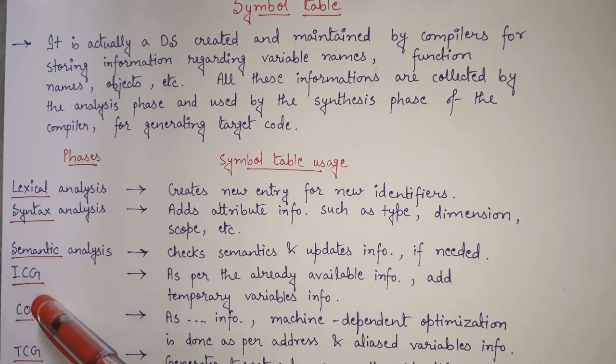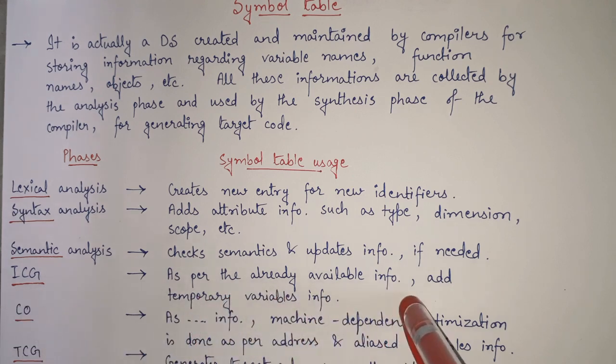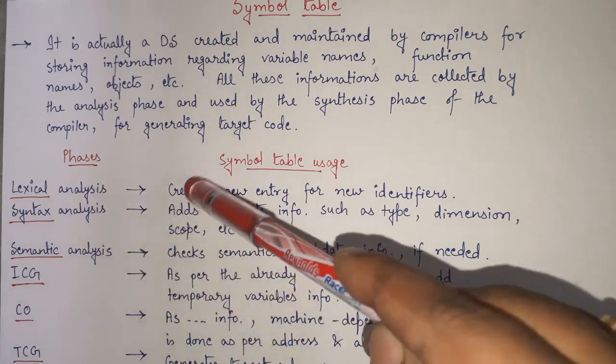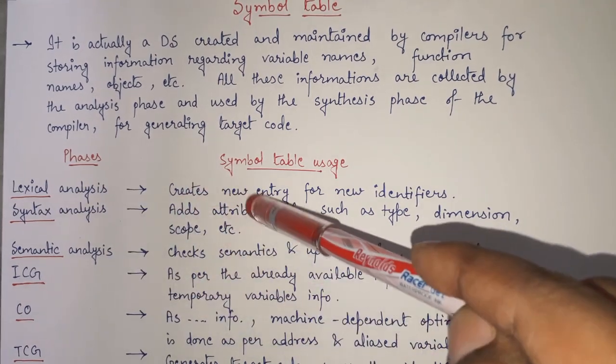Then comes intermediate code generator. What it will do is, as per the already available information, it will add temporary variable information. As we have already seen, these three will create or add something in the symbol table.